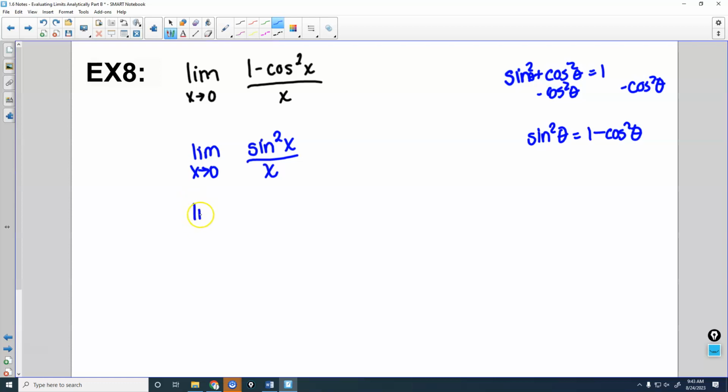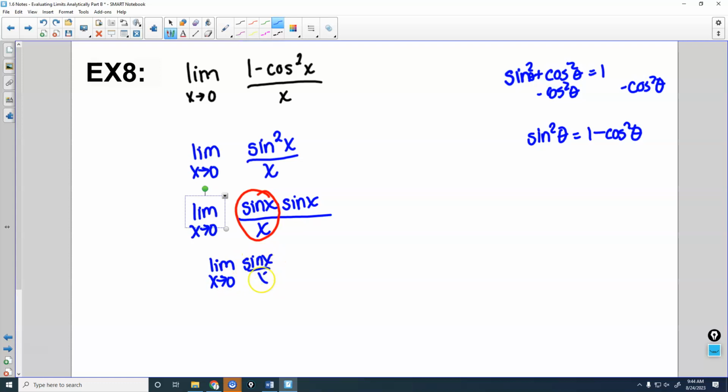Yes. We could do sine x times sine x over x. Now, this piece right here equals 1. And then we've got the extra sine over there, but it's in the numerator. It's not going to give us a 0 in the denominator. So we would have the limit as x approaches 0 of sine x over x times the limit as x approaches 0 of sine x.